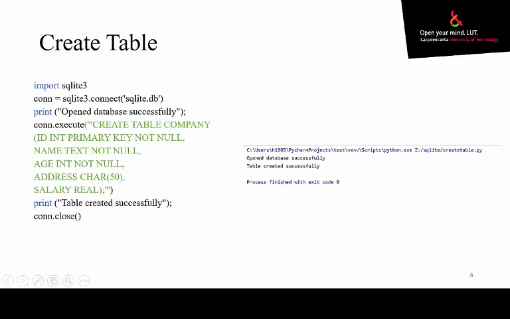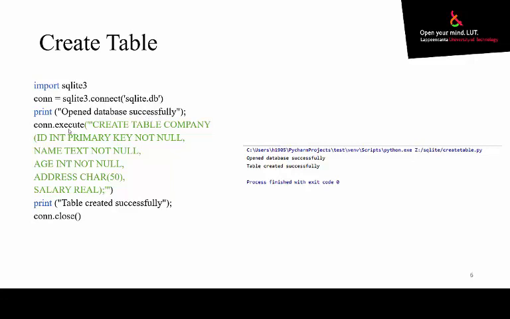And to create a table, basically what we do here is of course to connect to the SQLite database. This is the database I used in this tutorial earlier. Print out if you're able to access or open the database.